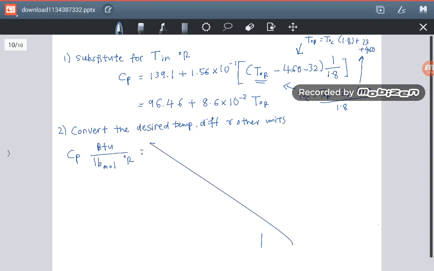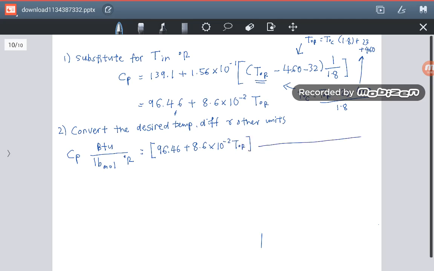So 96, we are just going to get the value from here, 96.46 plus 8.6 times 10 power of negative 2 T Rankine.